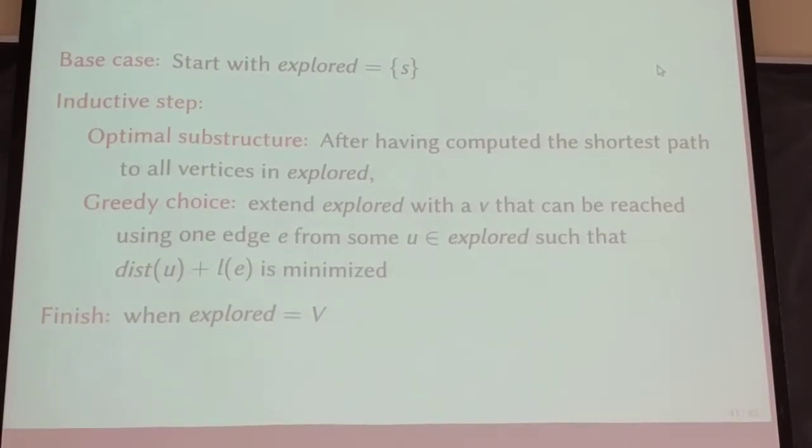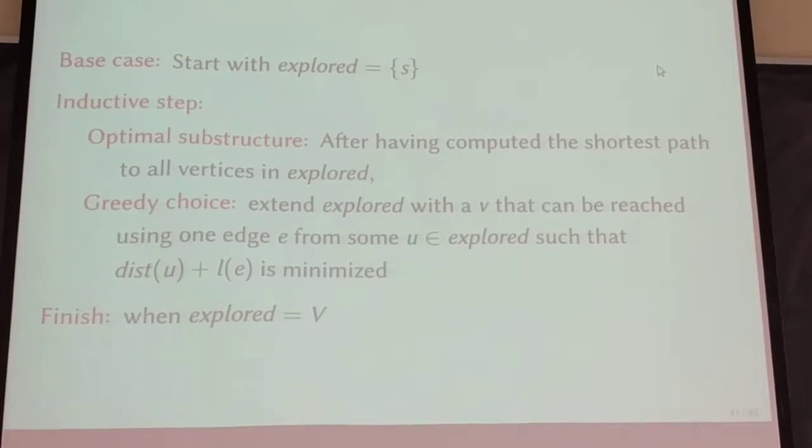We have said that there are two properties that you need for applying a greedy algorithm. One is optimal substructure, and the other is a greedy choice. Optimal substructure is pretty intuitive for the shortest path problem.